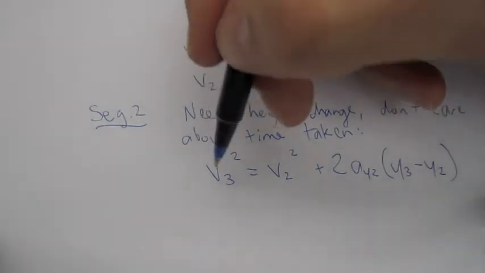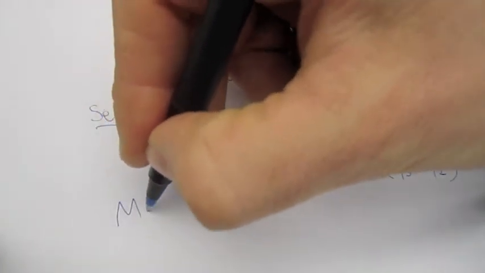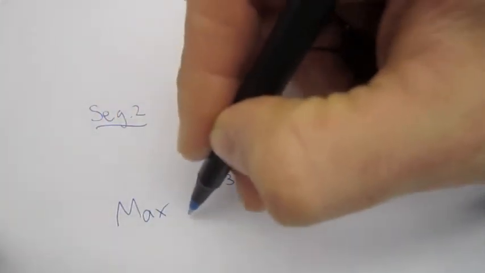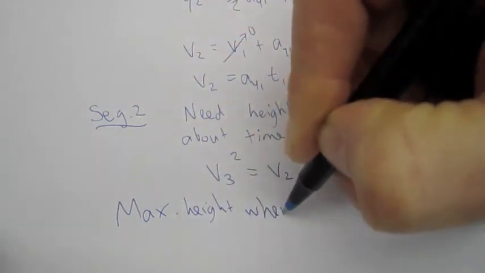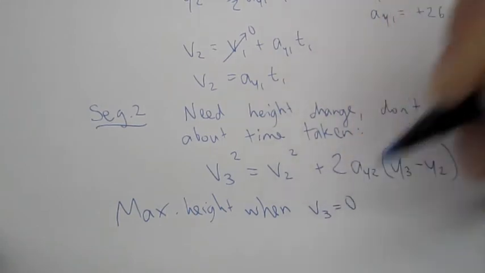It'll be a maximum height when v3 equals 0. Max height is when it stops, when v sub 3 equals 0.